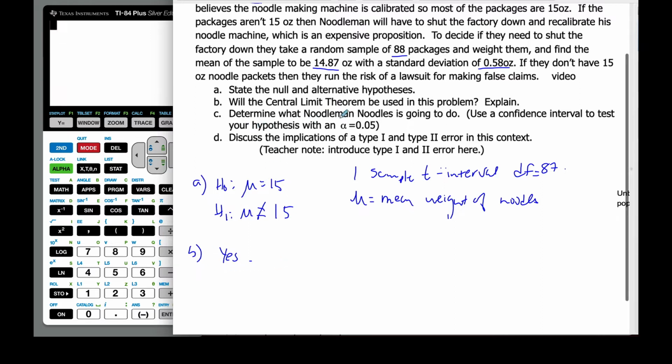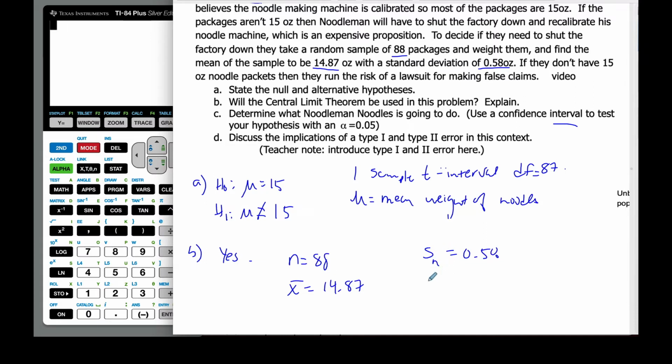So then it says, determine the Noodleman result, using a confidence interval to test the hypothesis. Well, I know that n is going to be 88, and x bar is going to be 14.87. My standard deviation of this sample is equal to 0.58. We have to recognize that this is s sub n. We need the unbiased estimator.